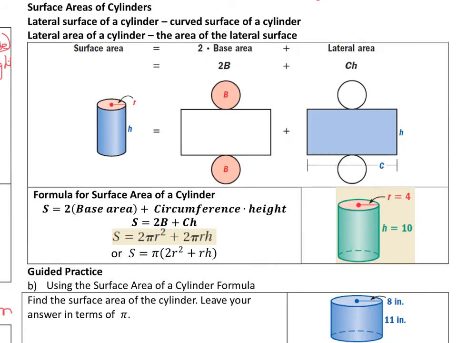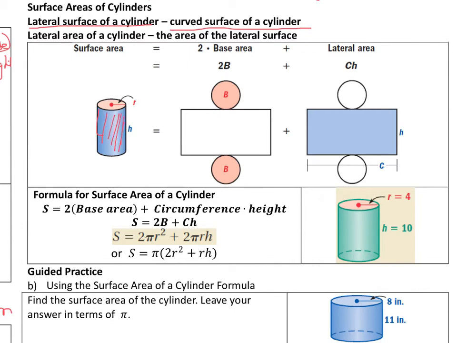Okay, for the surface areas of cylinders, the same idea applies when you calculate the surface area. So the lateral surface of a cylinder is just the curved surface of a cylinder. It will be this part.